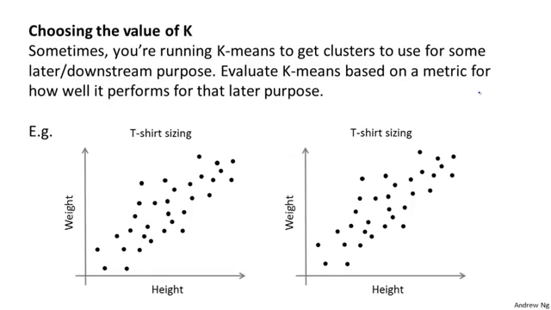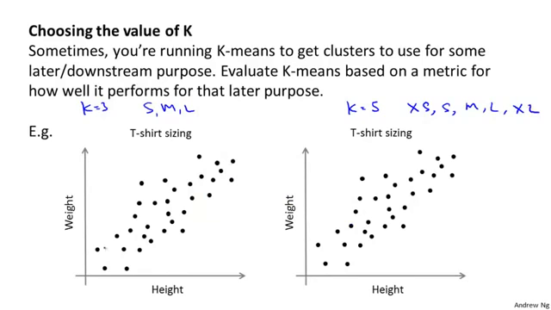Let's say we go through the t-shirt sizing example again, and I'm trying to decide, do I want 3 t-shirt sizes? If I choose k equals 3, then I might have small, medium, and large t-shirts. Or maybe I want to choose k equals 5, and then I might have extra small, small, medium, large, and extra large t-shirt sizes. We could also have 4 t-shirt sizes, but I'm just showing 3 and 5 to simplify this slide for now.